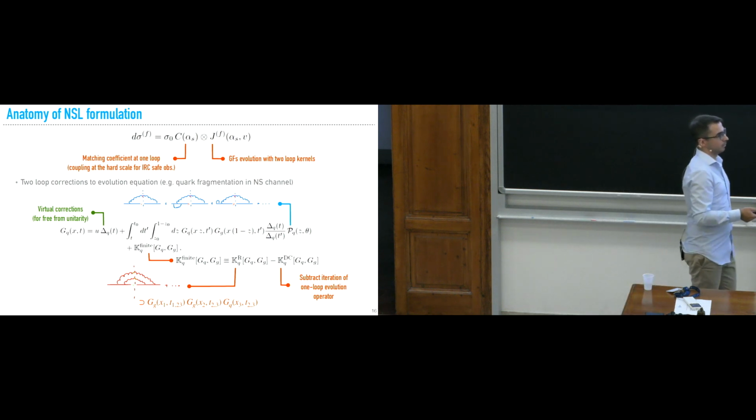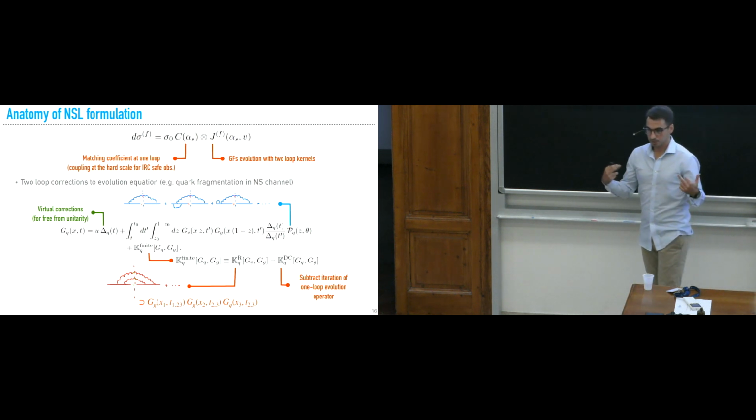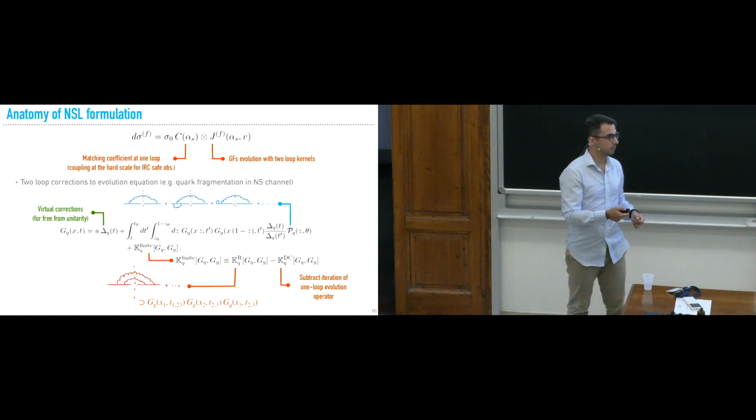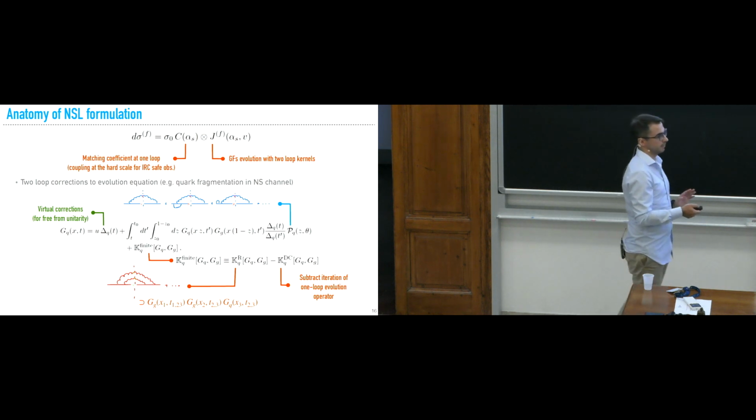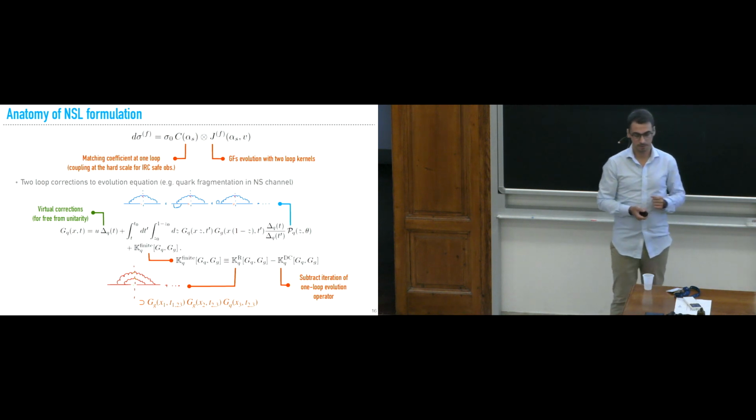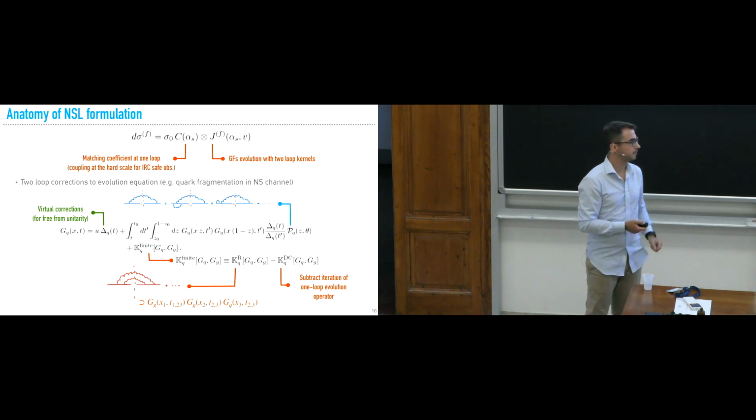Now from this, noticing that this is a recursive equation, so it iterates, I need to subtract also the iteration of the one-loop kernel so that I eliminate double counting. And this is a simple thing to do. It just requires the first iteration of the single logarithmic evolution equation.